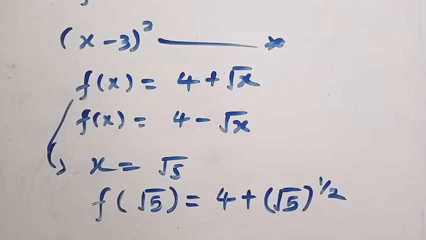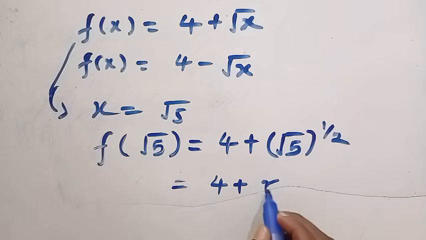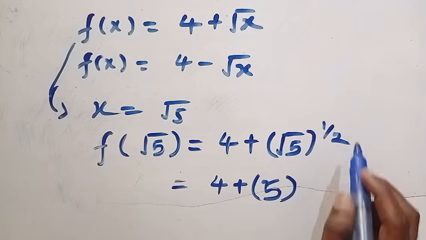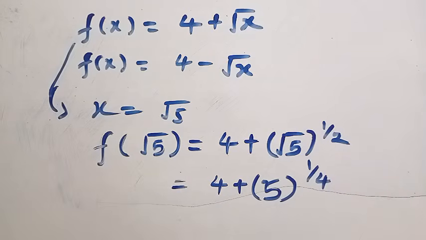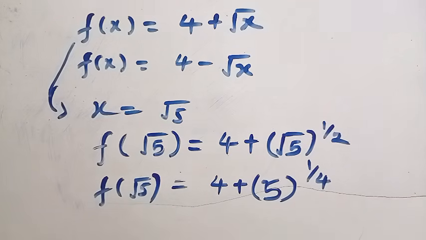So the root here is a half, and we can conclude this as 4 plus 5 raised to the power of, this is another half, half multiplied by half gives 1 over 4. This is the first value of f of root 5, considering the positive.